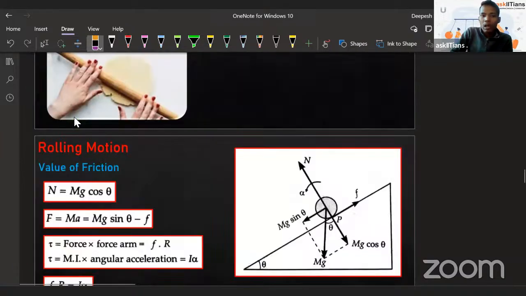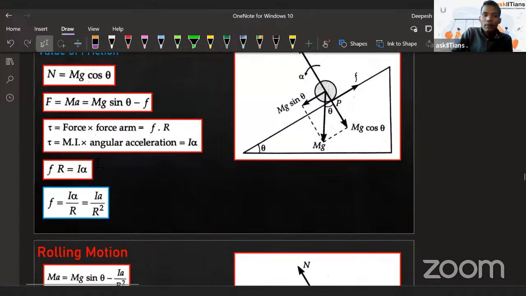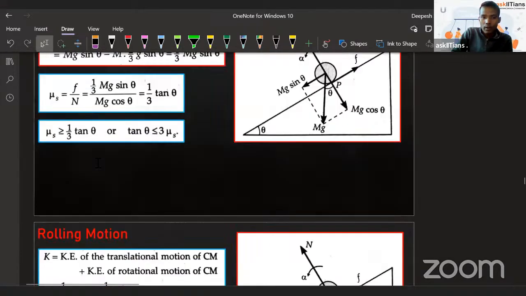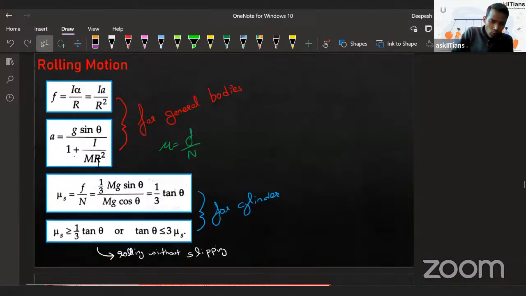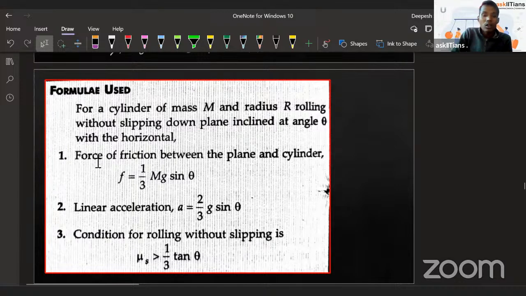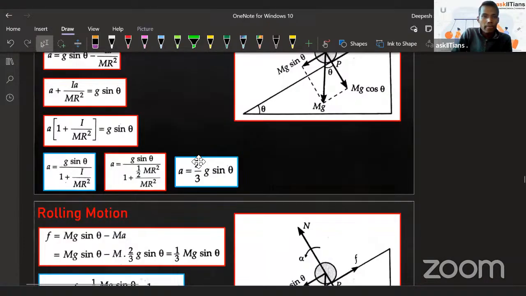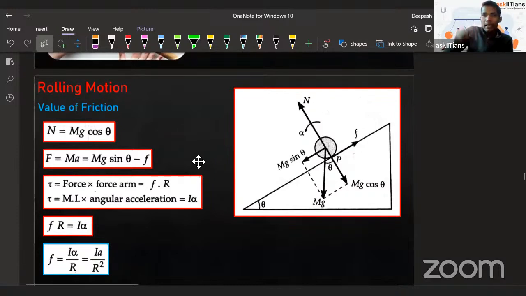Simple. But how do we deal with it? For dealing with it, we have to build certain concepts. We are not going to do all the derivations, but the important part is that I will explain how to deal with it. Imagine a body is rolling down an inclined plane.